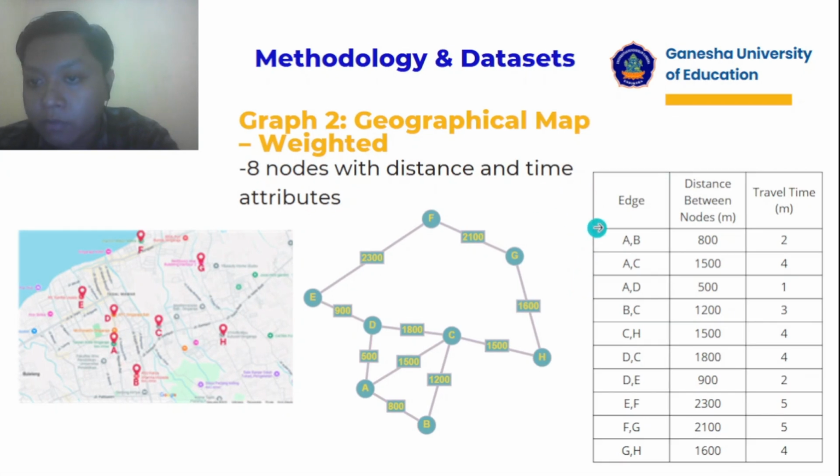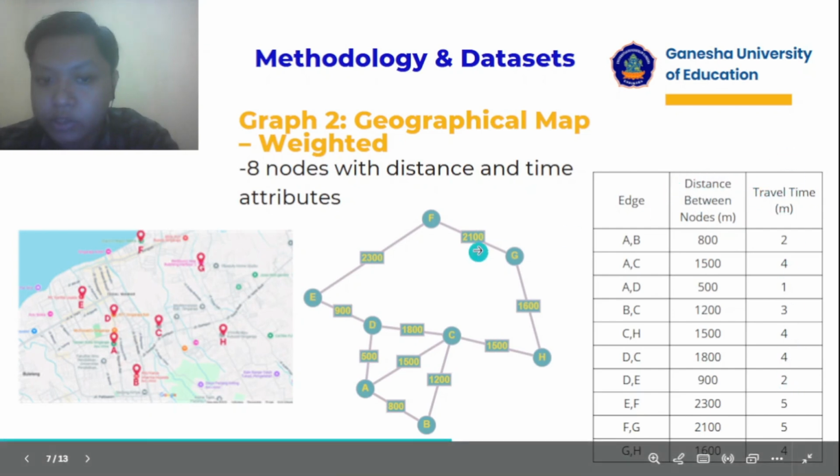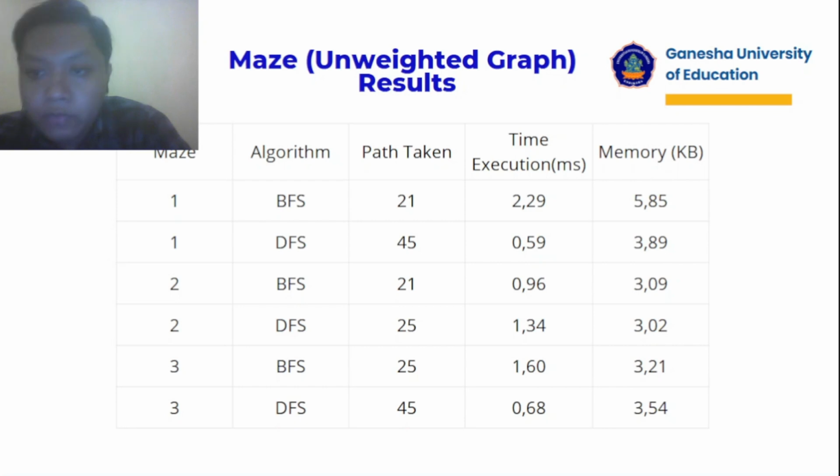There is a table with the detail of distance between nodes and the travel time of each edge. After doing the experiment, we got the result for the first graph, which is the maze.